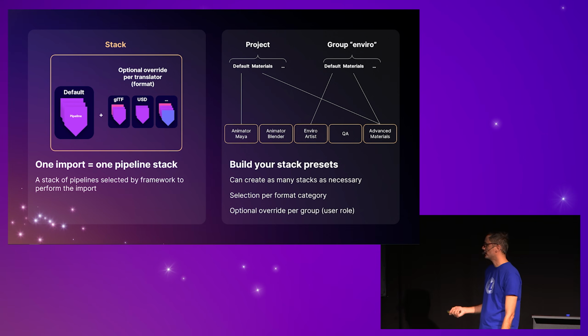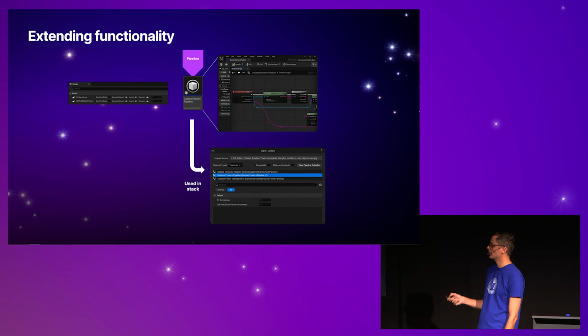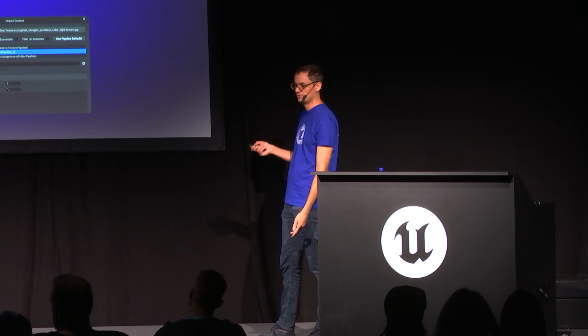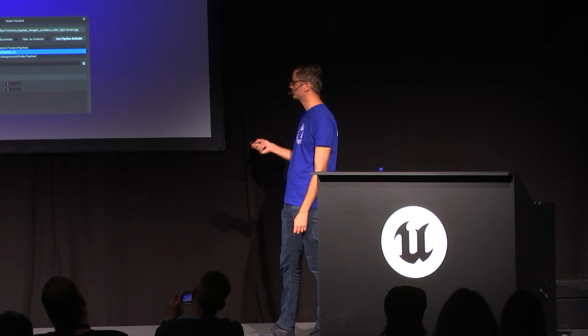And then you can manually switch here when you're importing. Like, I'm an animator, so I want to select the animator stack or the Blender stack, or I don't know how you want to call them and which concept you want to use.